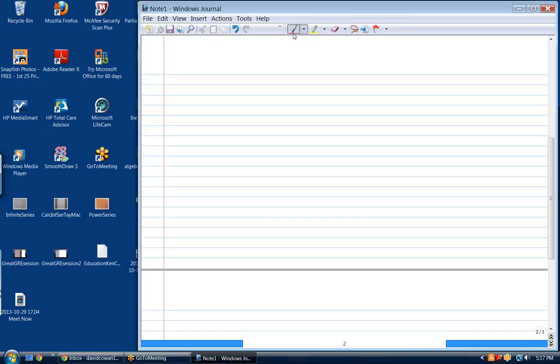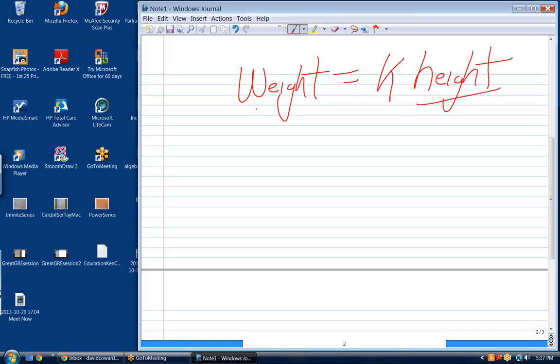I don't know what the specific thing would be. You could say weight is equal to some k times height. And we'd have to look at the data to figure out what k is for that particular model. I have no idea what k might be there.